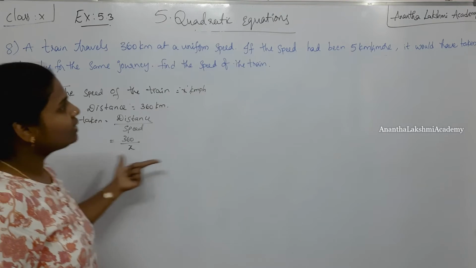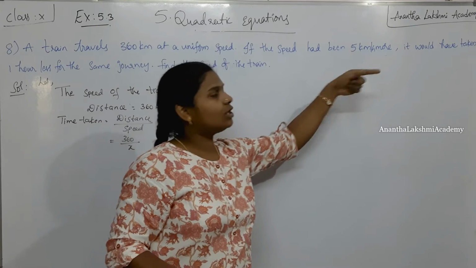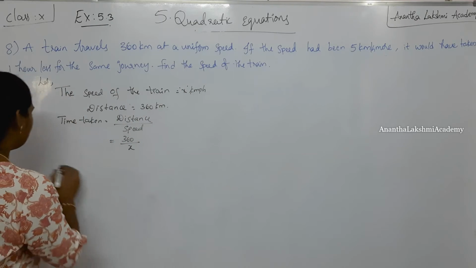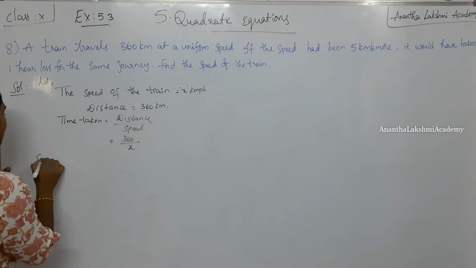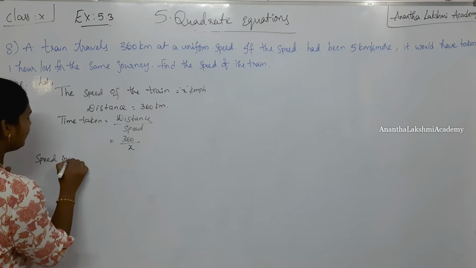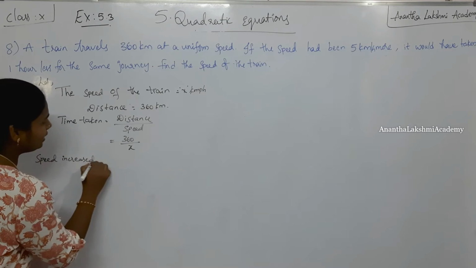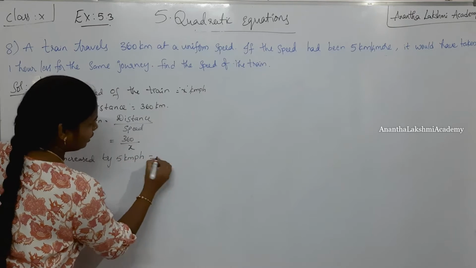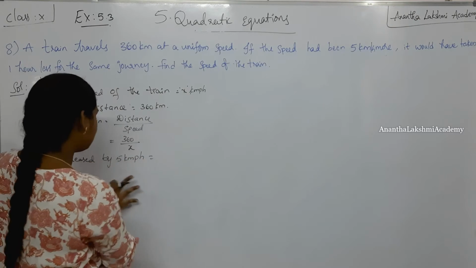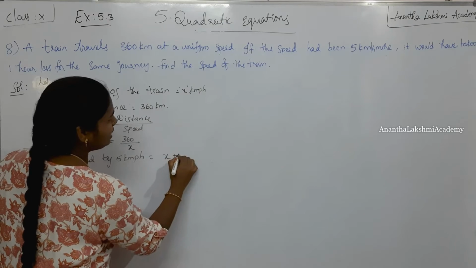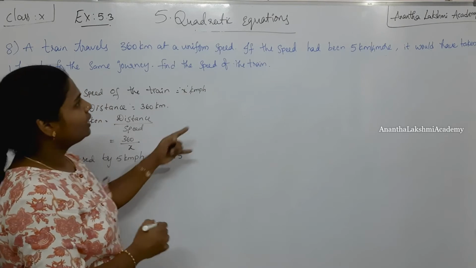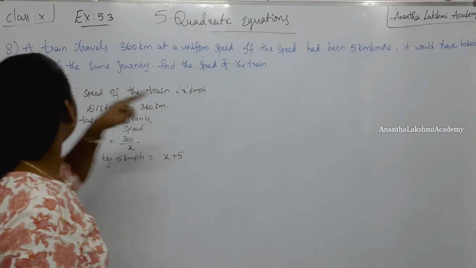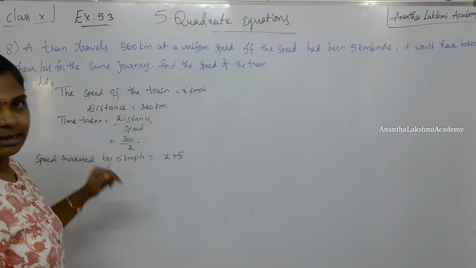Okay, now what is given? The speed had been 5 kilometers per hour more. So, speed increased by 5 kilometers per hour is equal to, what is it? Speed is x. Now it is increased by 5. So this is going to be x plus 5. The distance is same. It would have taken 1 hour less for the same journey.